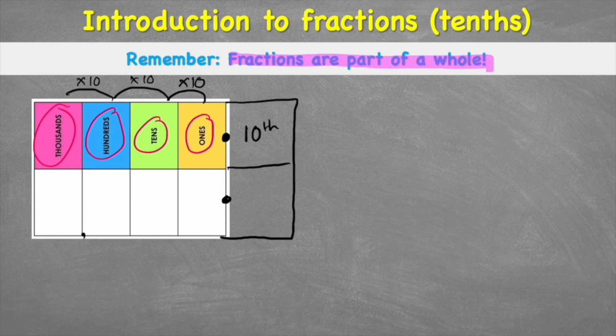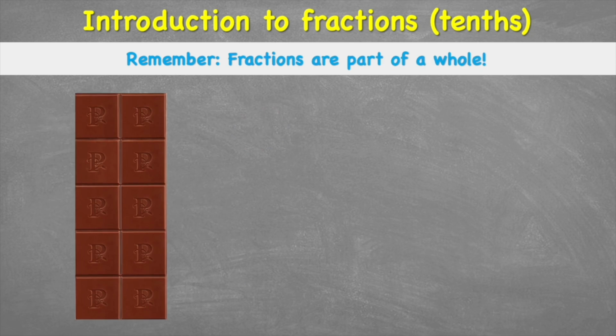They're all multiplied by 10. So everything coming down the place value chart is divided by 10. So 1,000 down to 100 is divided by 10. 100 down to 10 is divided by 10. 10 down to 1 is divided by 10, and therefore 1 divided by 10 equals tenths. So our new column is the tenths column.